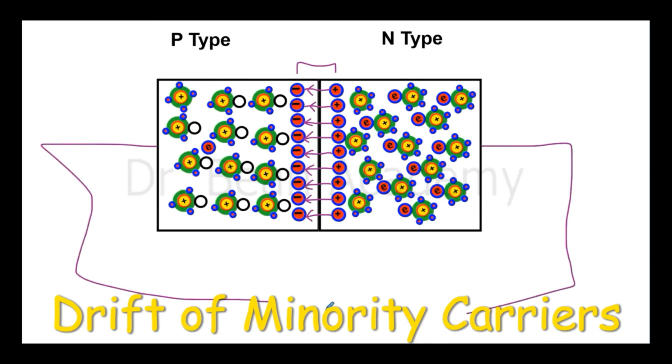The main reason of the flow of that current is the battery, right? The drift current is different. You haven't connected any battery with the PN junction, but still you will see some current there. What is the reason of that current?